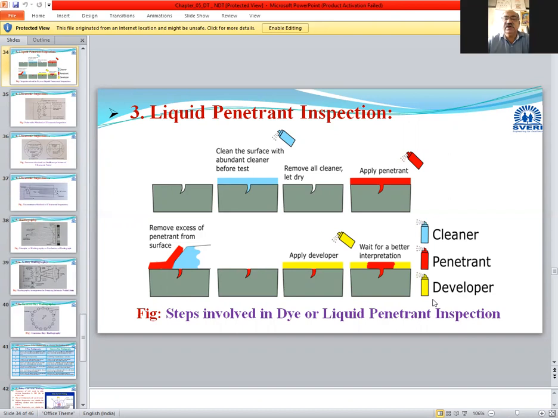So you use three liquids here: cleaner, penetrant, and developer. Initially you take any component, get it cleaned by cleaner. After this, you apply the penetrant, and next is developer.